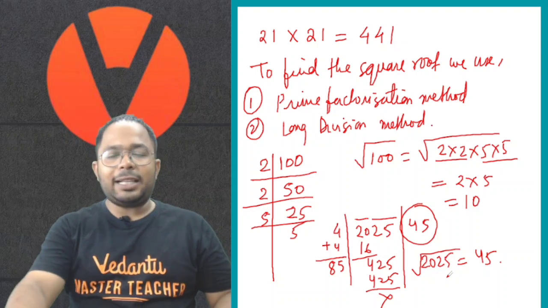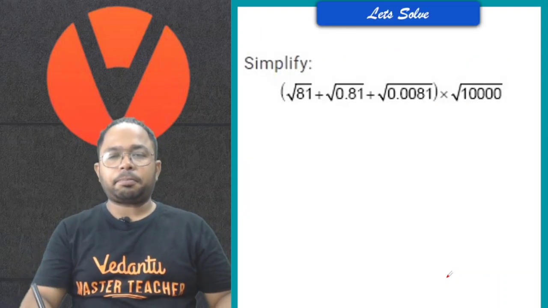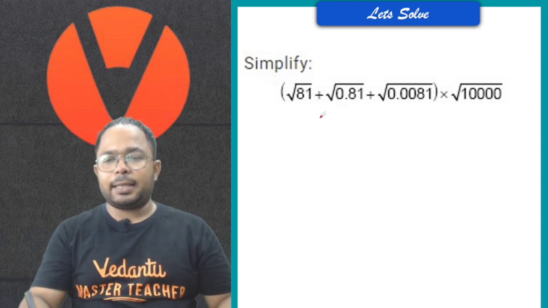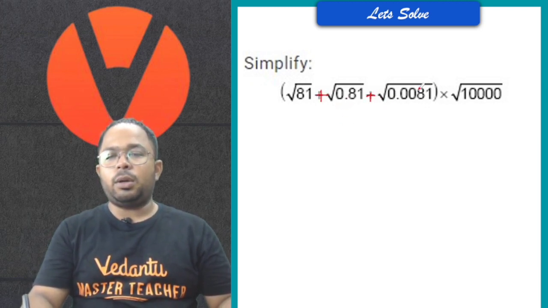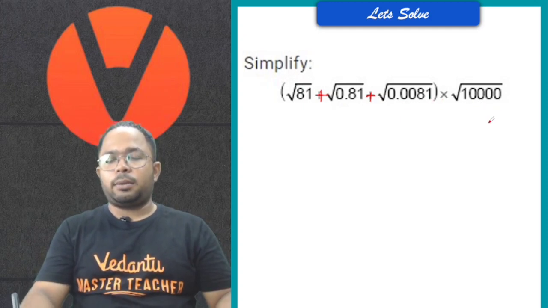Okay, so let's move on and start with the first question on your screen. Simplify: under root 81 plus under root 0.81 plus under root 0.0081 into under root 10,000.